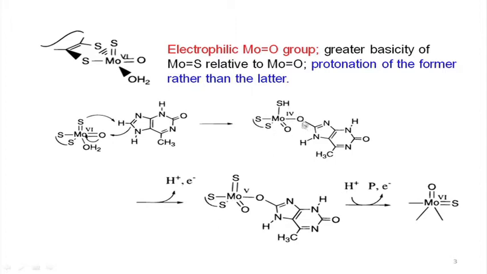So this was a two-step reduction process followed by an oxidation process for that molybdenum(V). This sulfur function in SH form is again going back to the molybdenum-sulfur double bond, and your oxidation state is changing from +4 to +5, and now the system is ready. So we are removing one electron as well as one proton from the SH function, and one electron from the molybdenum center, and we are at molybdenum in the +5 oxidation state.